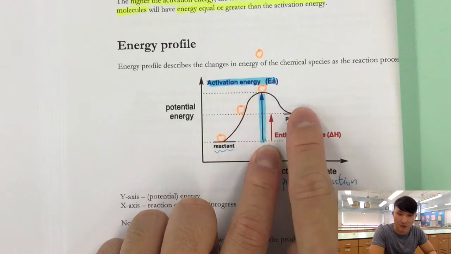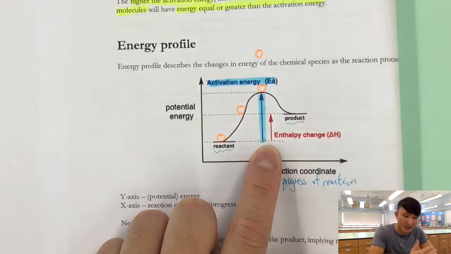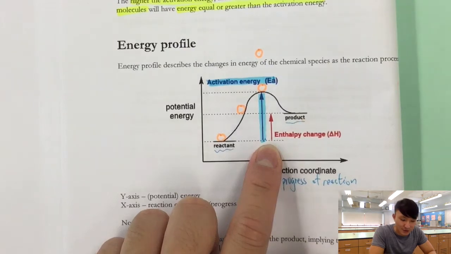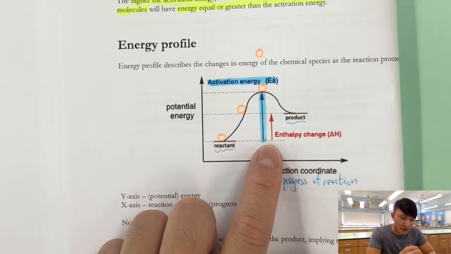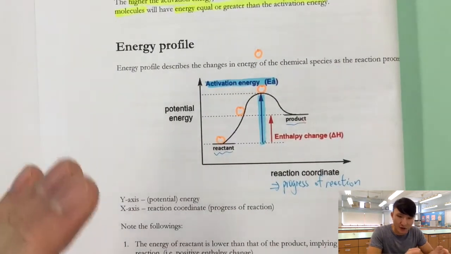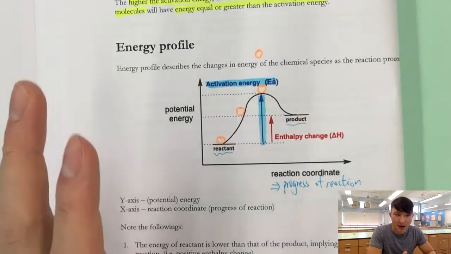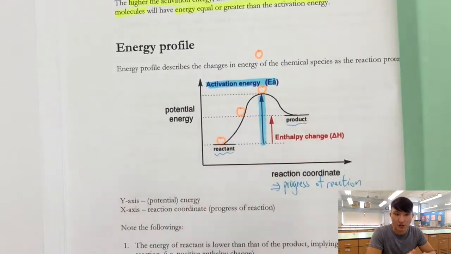It is not enough to bring about a reaction. So, in other words, enthalpy change has nothing to do with activation energy. You can have a small enthalpy change, but a large activation energy. So, you need to make sure that you sort these two concepts out. Enthalpy change tells you the energy difference between reactant and product.